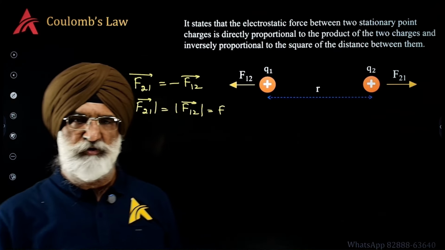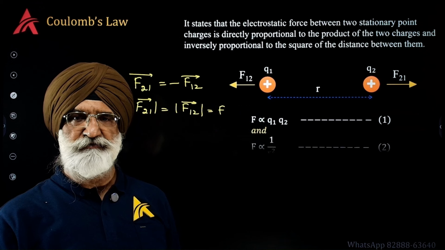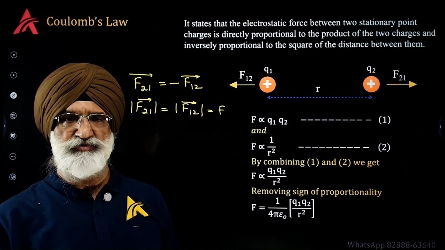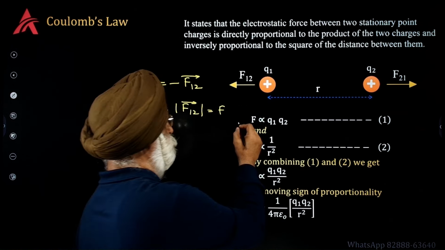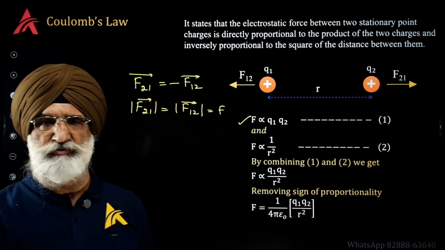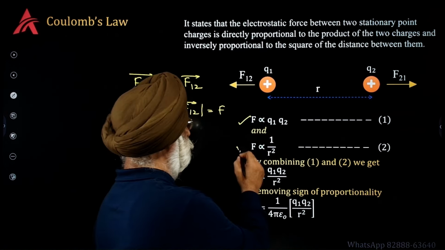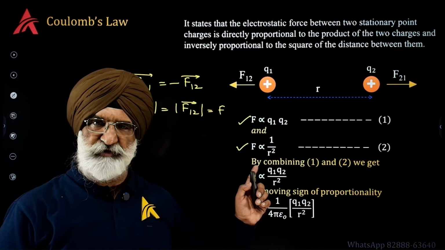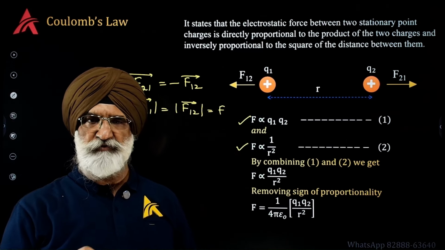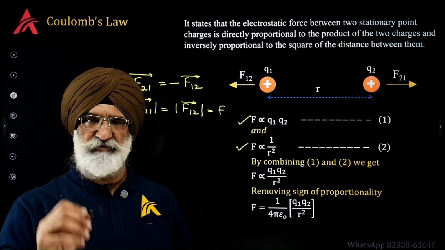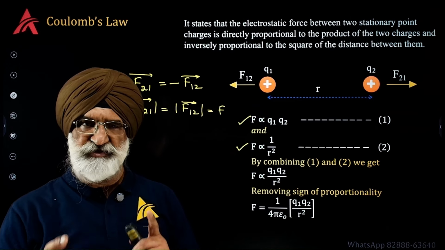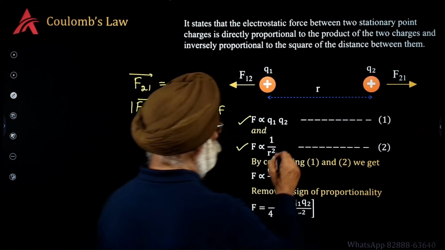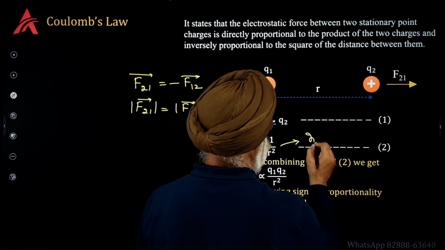According to Coulomb's law, the magnitude of the force between the two charges is directly proportional to the product Q1 into Q2 and inversely proportional to the square of the distance between them, 1 upon r square. Now, if any force is inversely proportional to the square of the distance, then that law is called inverse square law.